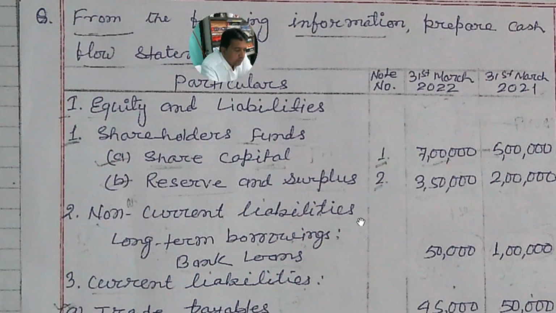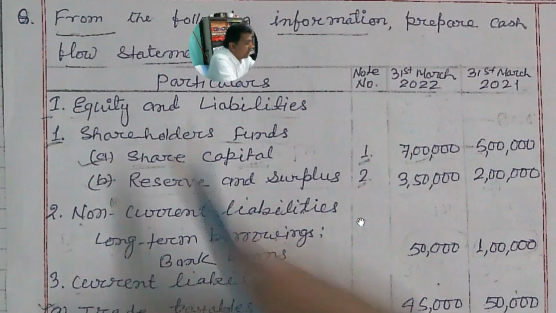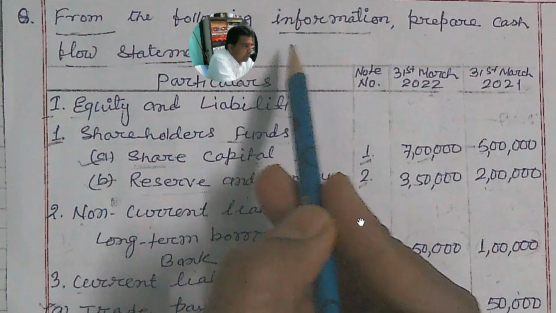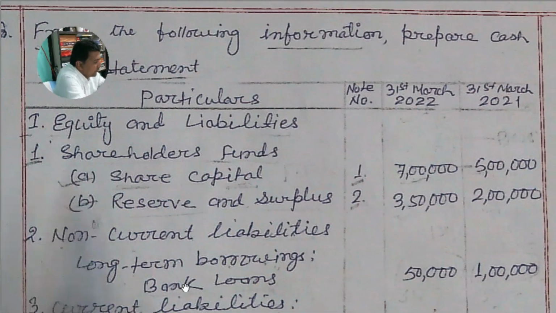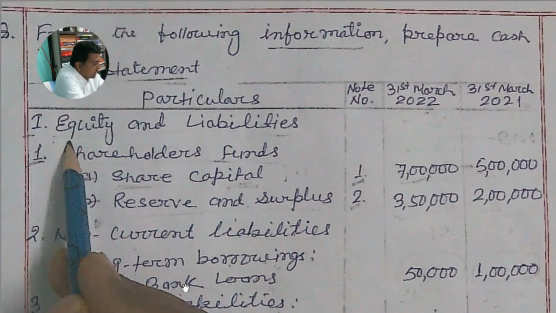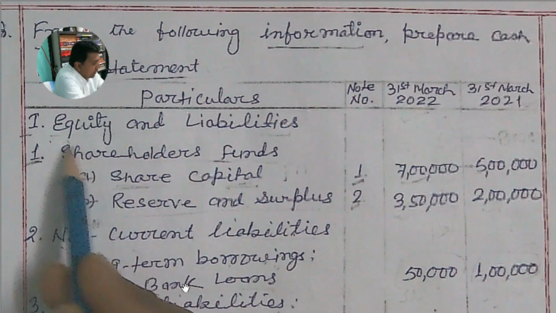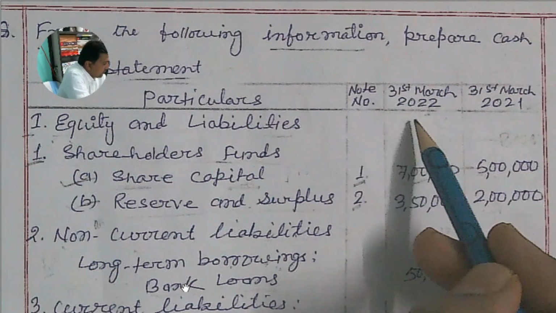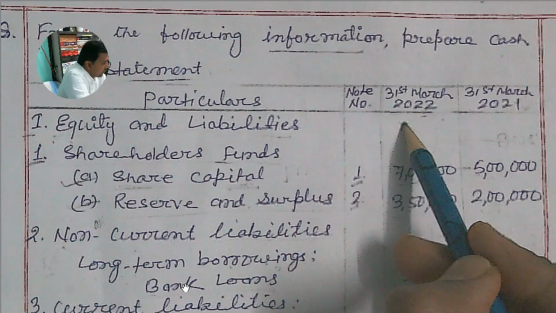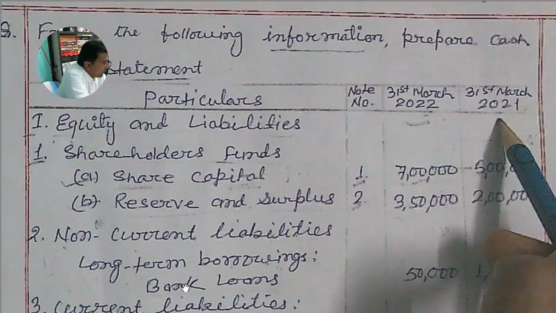The problem is on your screen here. From the following information, prepare cash flow statement. So here is the question, and the question is provided in the balance sheet format, and the two dates here are first 31st March 2022 and 31st March 2021.